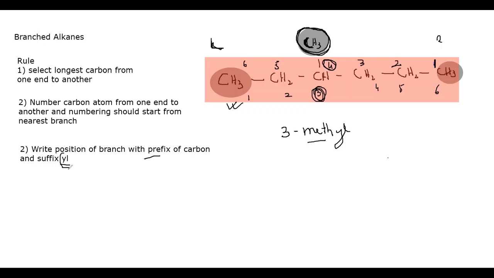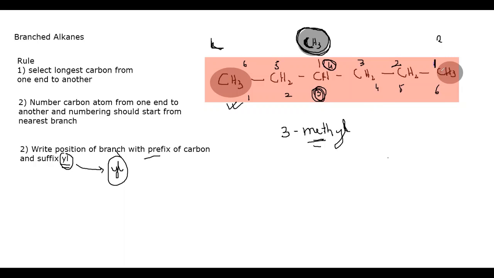And whenever something is attached as a branch, the name should always end in YL. So it's 3-methyl. This is a nomenclature with rules to name hydrocarbons. So 3 is a position, meth because there is one carbon, and YL because of branch.